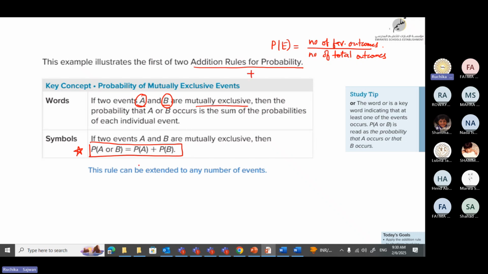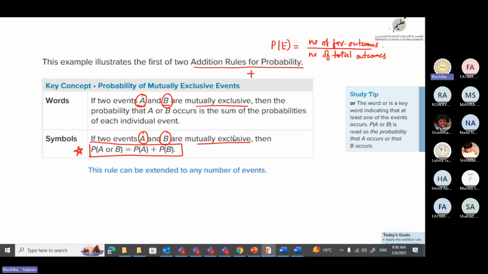That means we will add the individual probabilities. If I want to find the probability of A or B, it is equal to probability of A plus probability of B. And what's the condition? That my two events should be mutually exclusive. That means they should not have anything in common. Okay, so this is called the addition rule. It's important. Make sure you write it in your notebooks.